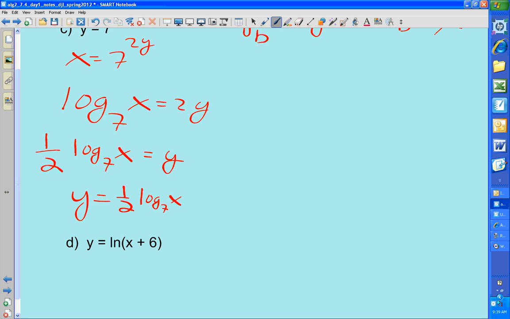Why would you want to divide it by 2? Well, if you write log base 7 of x and you put it all over 2, what is that over 2 doing for you? It's not doing anything, it's divided by 2. And what does that mean for us? It doesn't mean anything to us. What does this 1/2 mean to you?